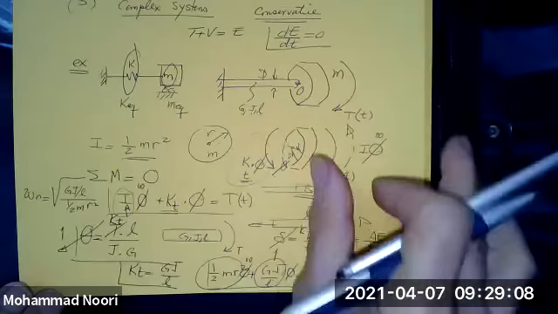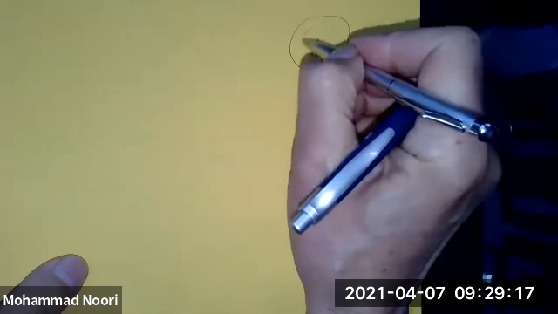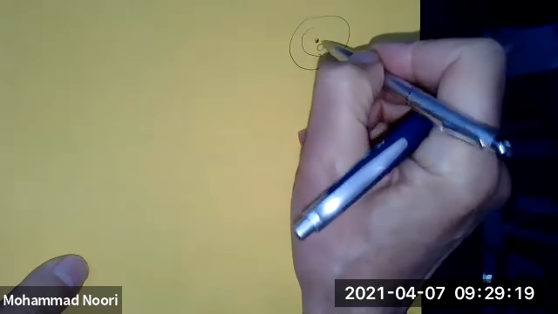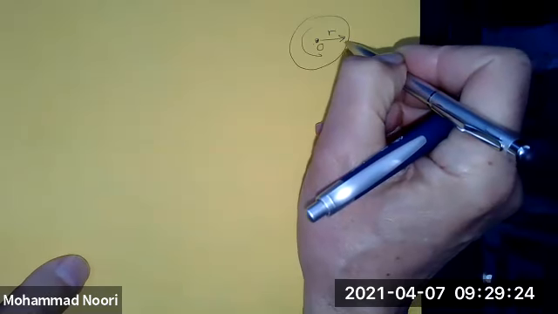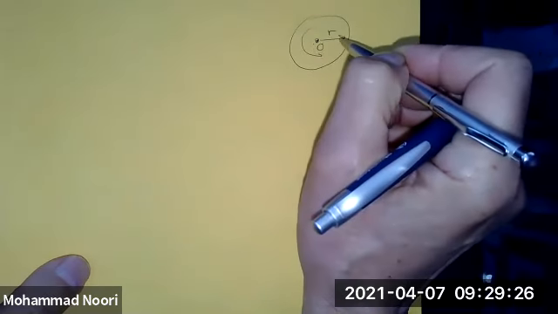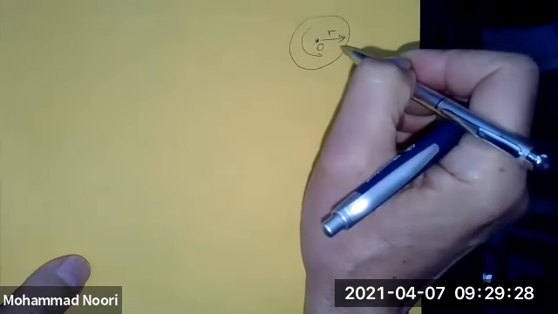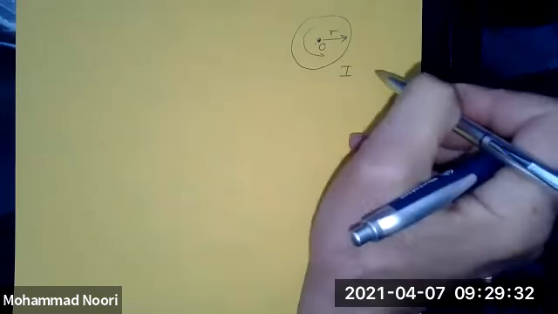Sorry, what was I, like I equals 1/2 mr squared? What is that? You remember from dynamics, if you have a disk rotating about its center and the radius is r, the moment of inertia, which is I, is what?